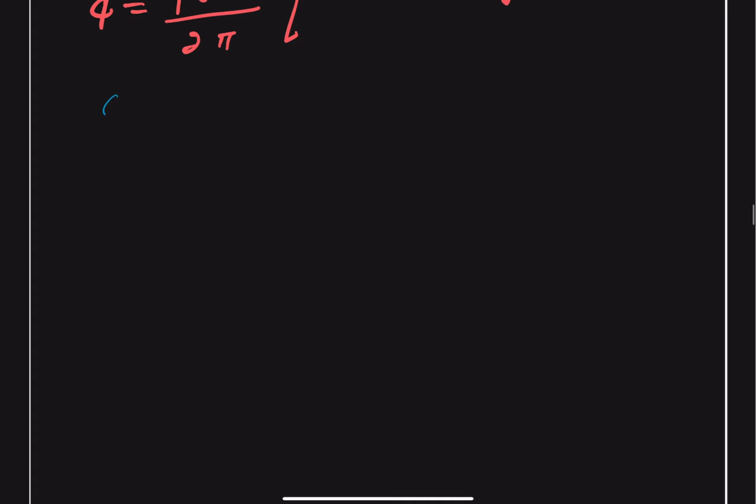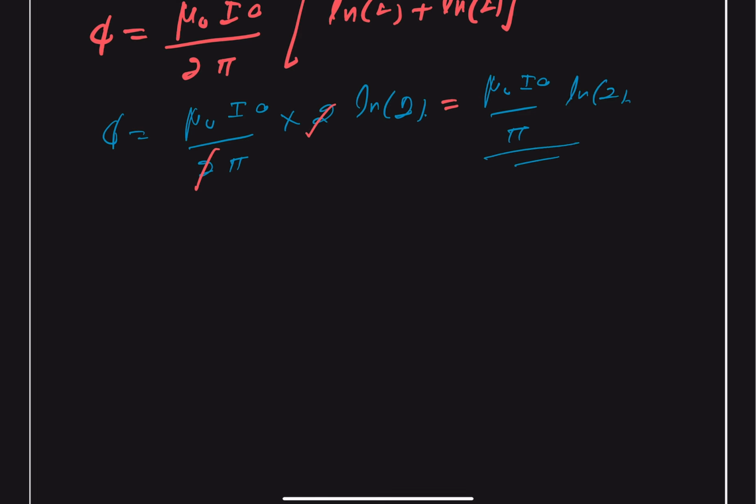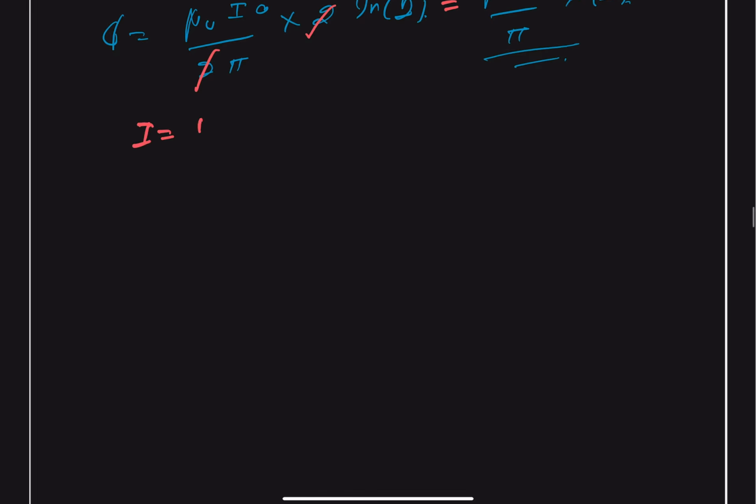We can write this as phi is equal to mu naught I a upon 2 pi multiplied by twice natural log of 2. 2 and 2 cancel out, and this gives us mu naught I a upon pi times natural log of 2. So this is our flux, but we have the value of current also given to us. So we are given that I is equal to I naught sine omega t.